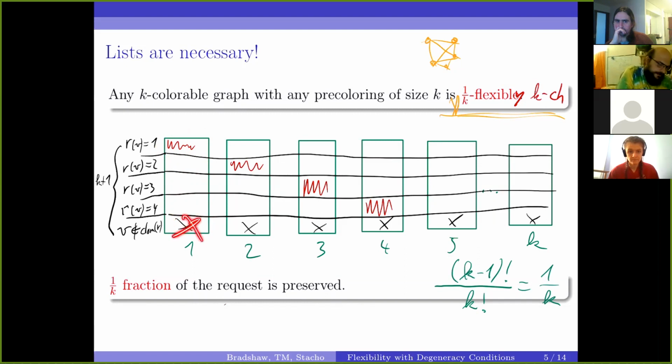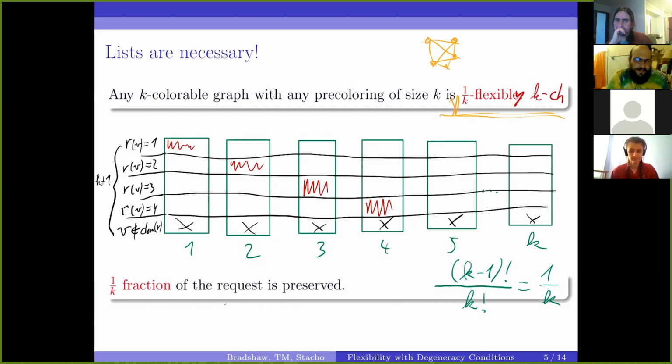We will ignore the vertices that haven't requested anything because we don't need to fulfill any requirements for them. One more thing, on this picture you can see that if we produce the coloring as suggested by those numbers below, then we satisfy exactly those requests of vertices on the diagonal here.